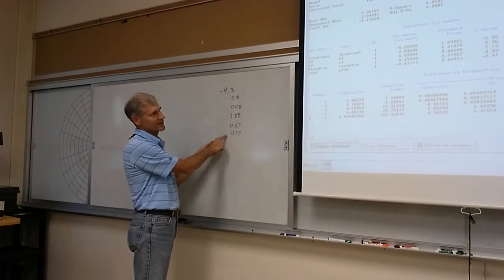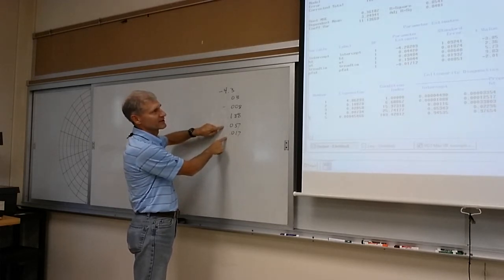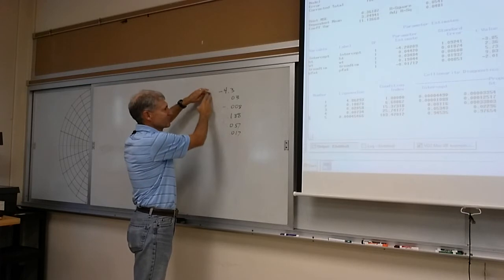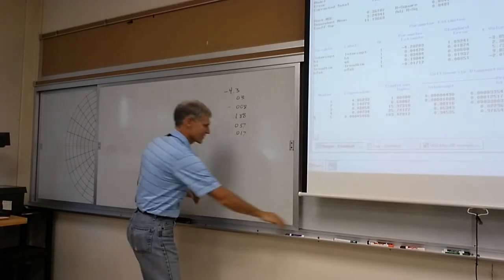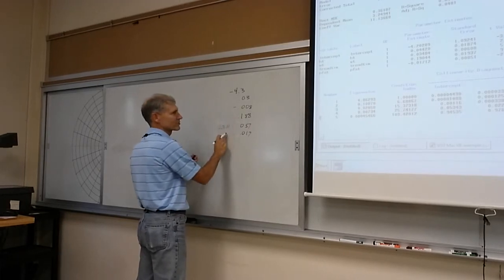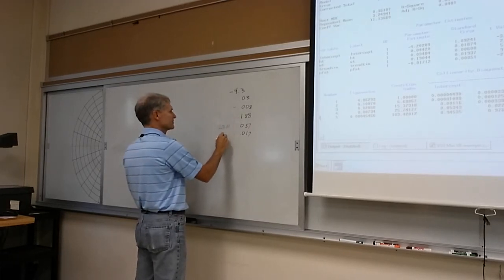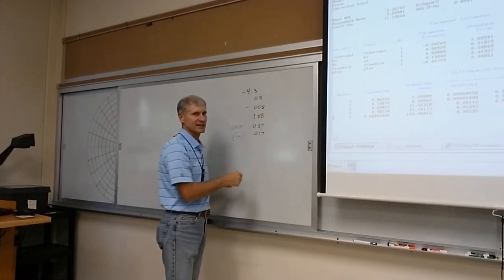Notice what happened to that one. Wait, I've got to remember which order we were in. I didn't write down which. The .57 was lean body mass. So this was lean body mass. I better write that down. So this one was percent body fat. And it's the same number, but it's flipped sign, right?